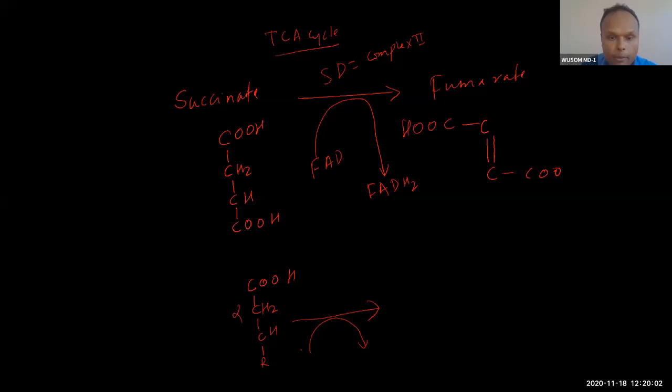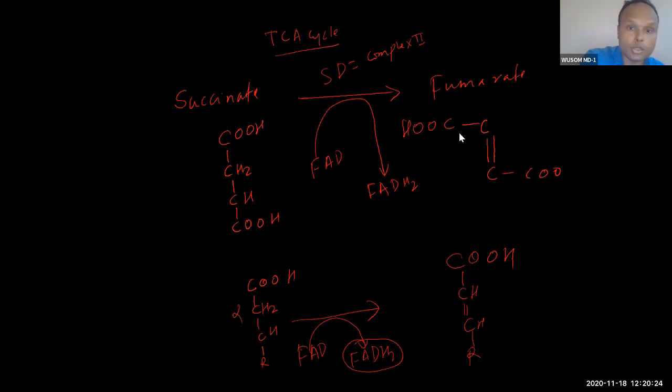For difficult hydrogen removal, FAD comes, and FAD converts into FADH2. So double bond insertion will be there like this. This removal will be catalyzed by FAD, and it makes sense why FADH2 comes here.